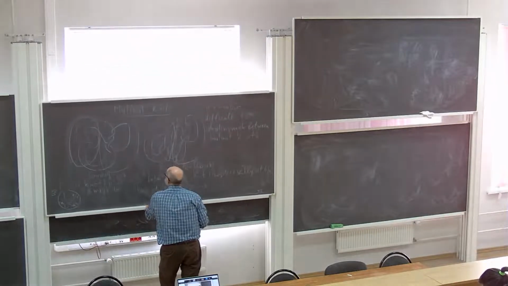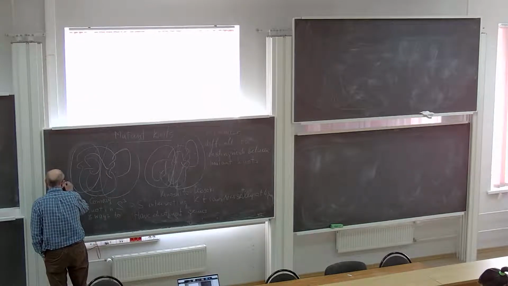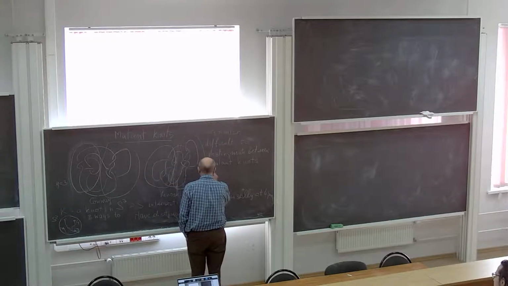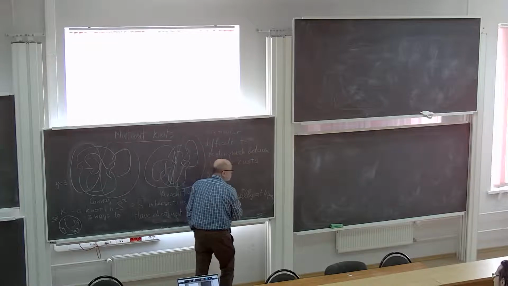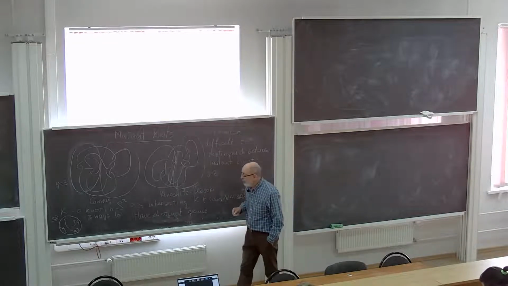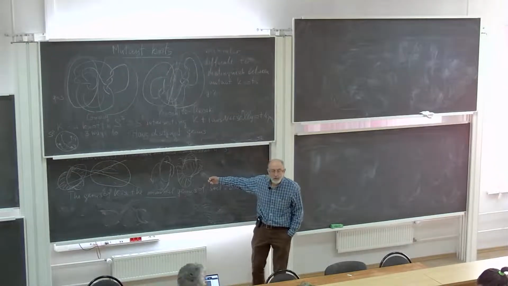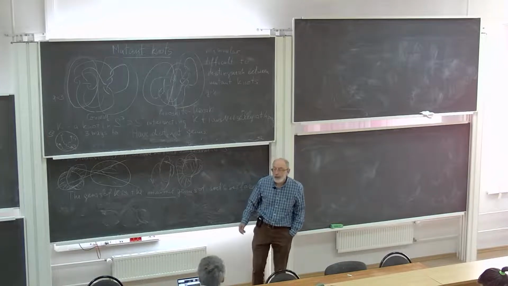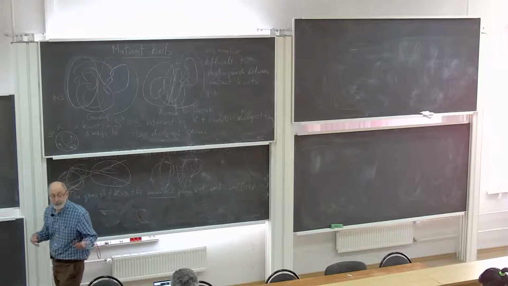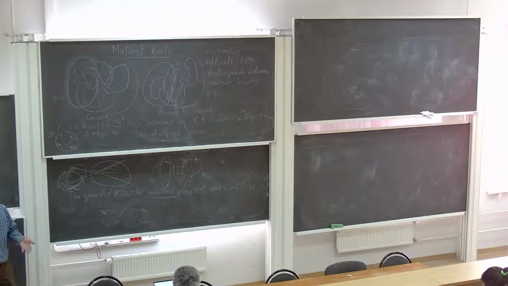Nevertheless, one can compute the genus of the Conway knot, which is g equal to 3, and for the Kinoshita-Terasaka knot, which is g equal to... As I have shown, it is easy to construct such a surface, but to prove that the genus of the surface we have constructed is indeed the minimal one is a complicated task.